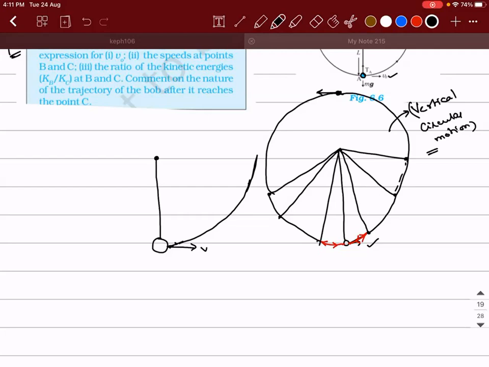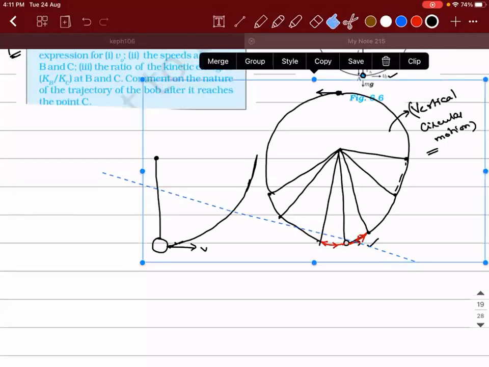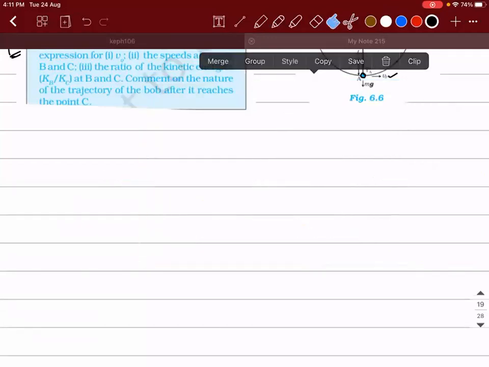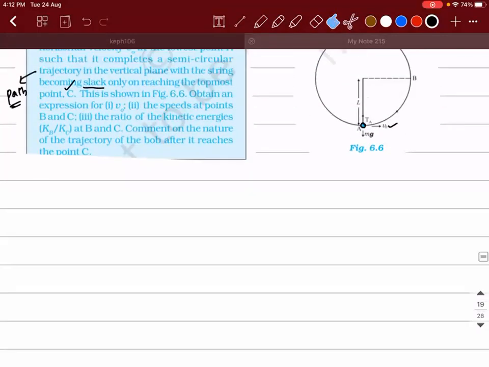Clear? So this is the observation. Now it is our job to tell what is the physics involved behind, what is the theory of physics involved behind all these things to happen. Can I rub the diagram? Okay.